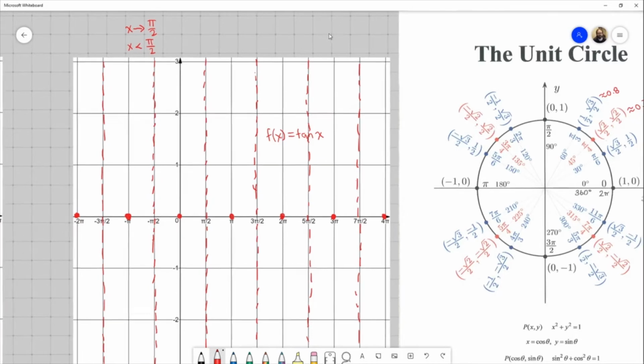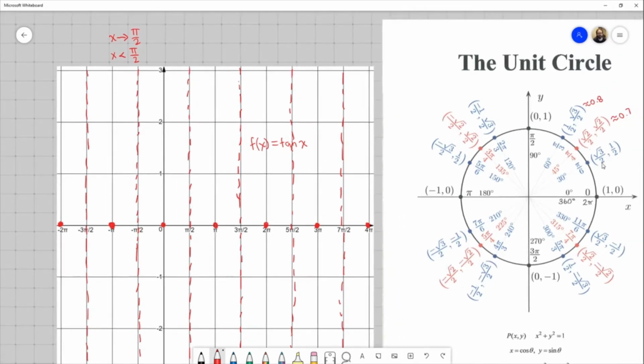All right. What's happening now? We're thinking about again, tangent. Tangent is being equal to sine over cosine. It's one of those fundamental identities.